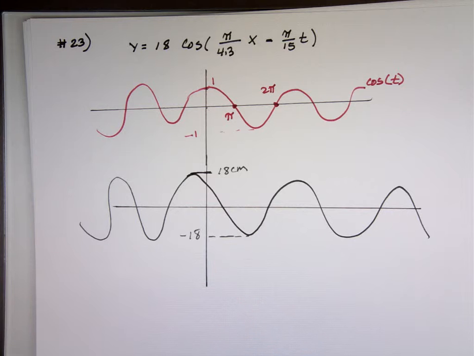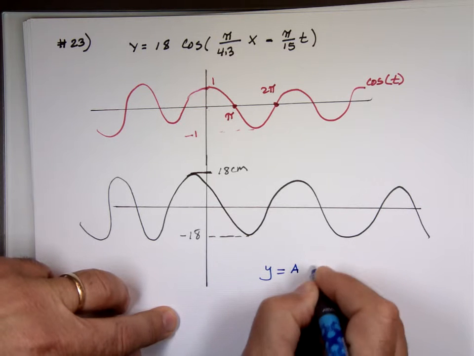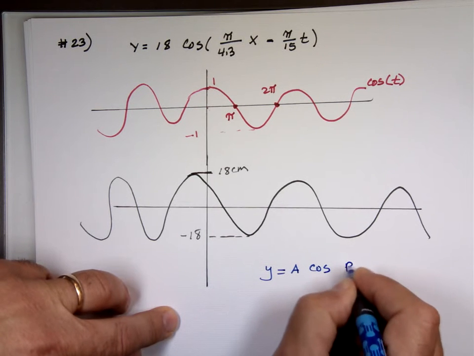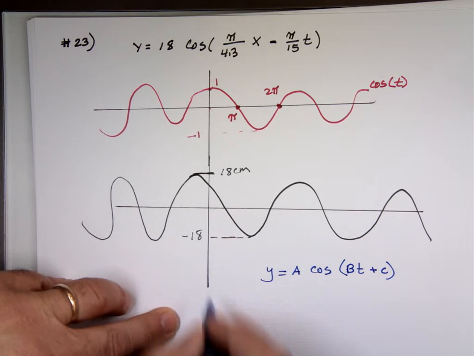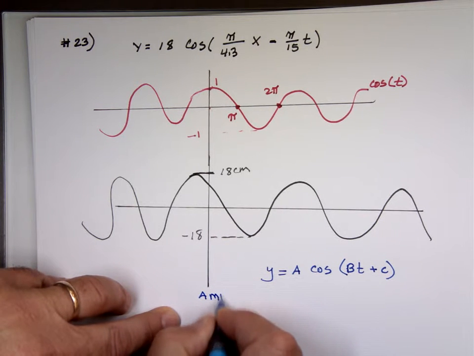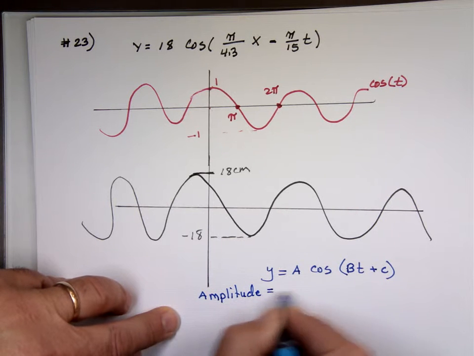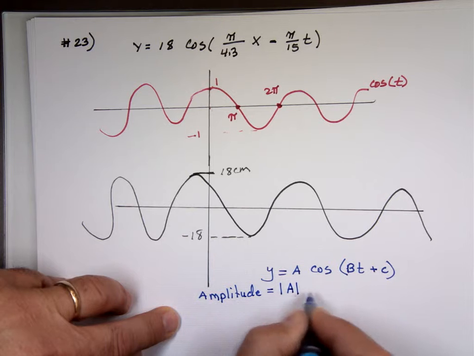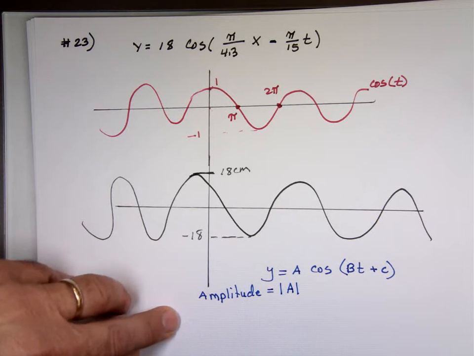From math, we used to write the function like this. Just a quick review in math. The amplitude is the height. It is the absolute value of A. A is 18. What's the absolute value of 18 here? 18.